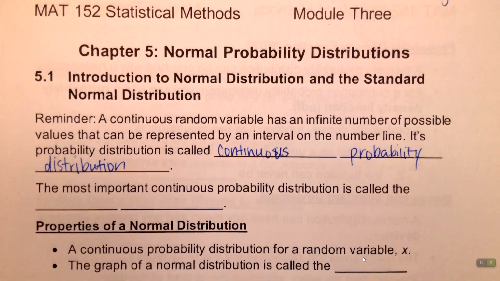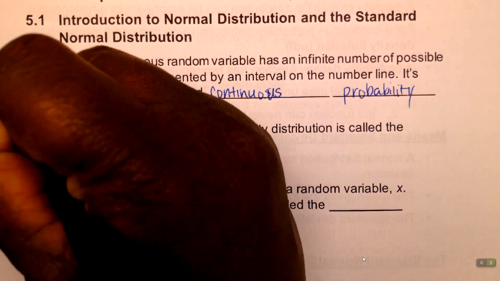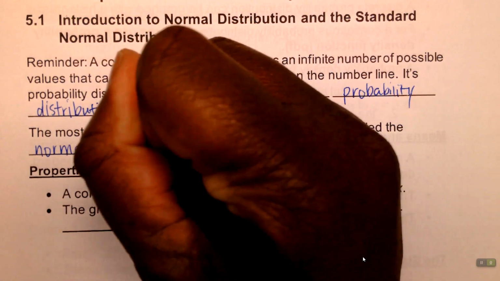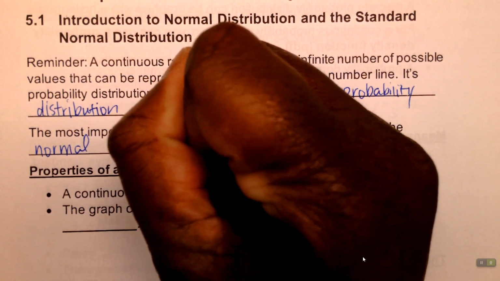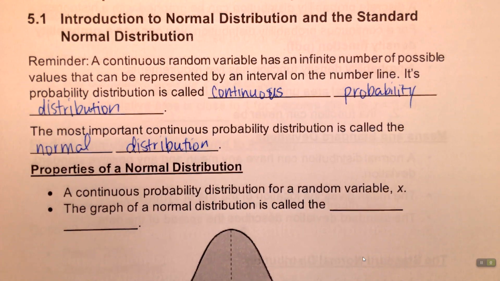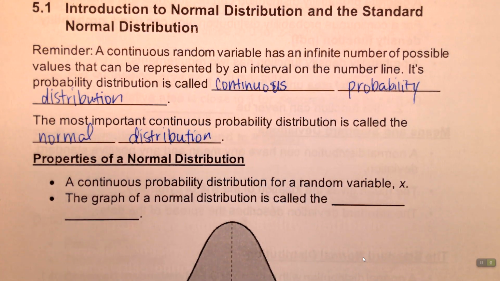So the most important continuous probability distribution is called the normal distribution. Let's talk about the properties of a normal distribution.